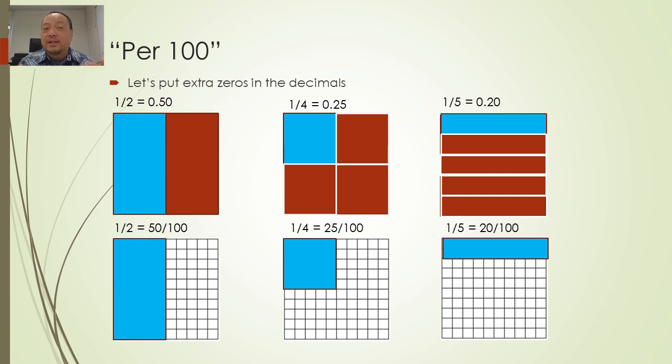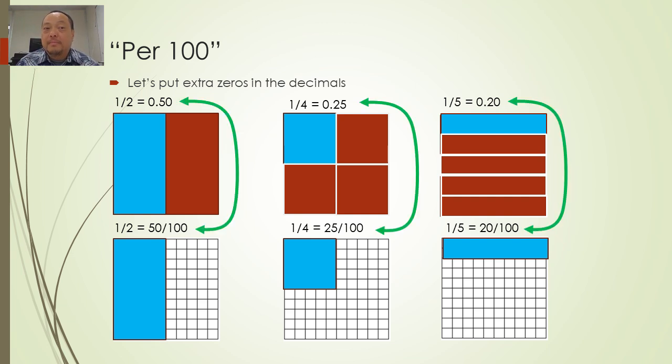You see the similarities between the decimals on top and the fractions out of 100 in the bottom? It's even more obvious if I put extra zeros at the end of decimals. You see the similarities now, yeah? When we take fractions per 100, the numerator looks very similar to the decimal value.